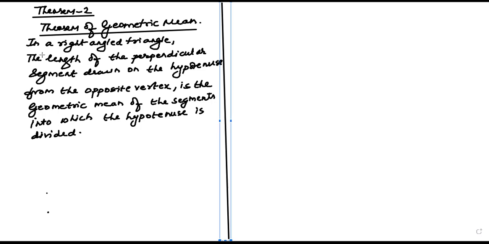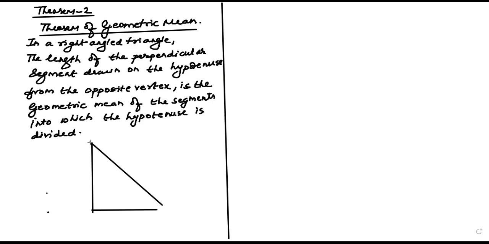In a right angle triangle, matlab, if you see any right angle triangle like this, a perpendicular segment is drawn on the hypotenuse AC from its opposite vertex.